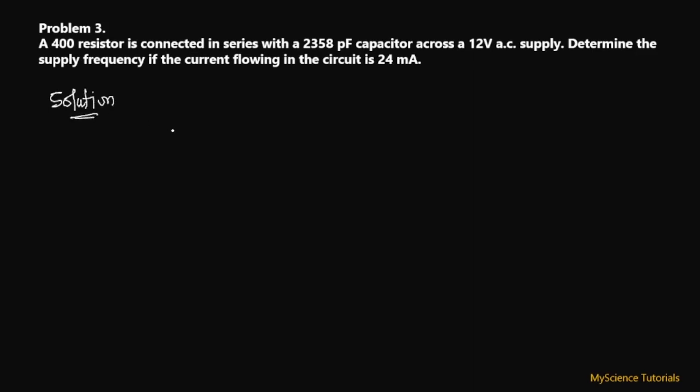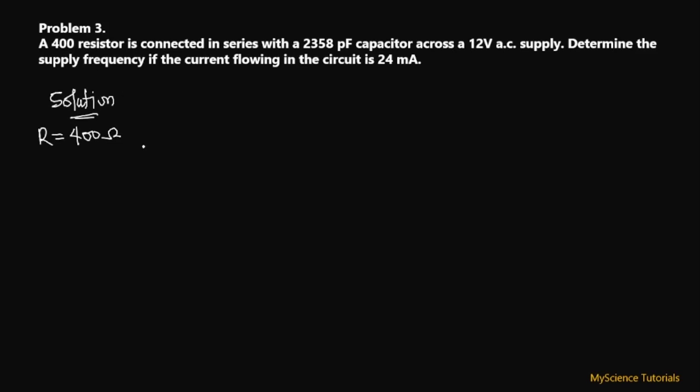We have a 400 ohm resistor connected in series with a 2358 picofarad capacitor across a 12 volt AC supply. We have to determine the supply frequency if the current flowing through the circuit is 24 milliamperes. This is very good. So let's look at the parameters that we have. We have our resistance of 400 ohms.